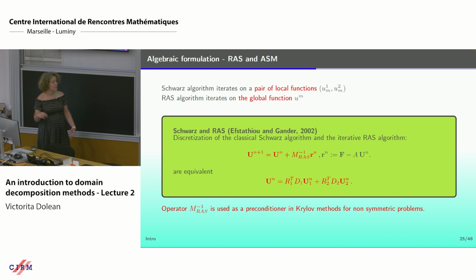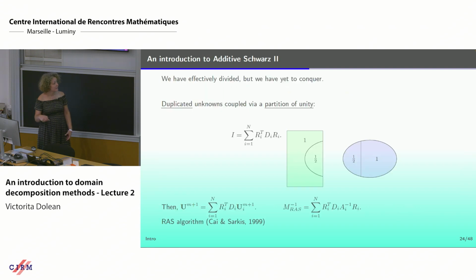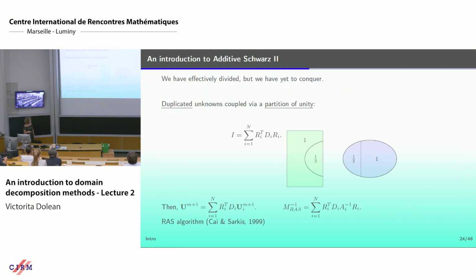And you can introduce a notation here, this M^-1_RAS, which is this quantity here. You just sum up the restriction, local solve, partition of unity, extend, right? And this is something that is a preconditioner that comes out for free from the decomposition into subdomains, even if here we have a stationary method.